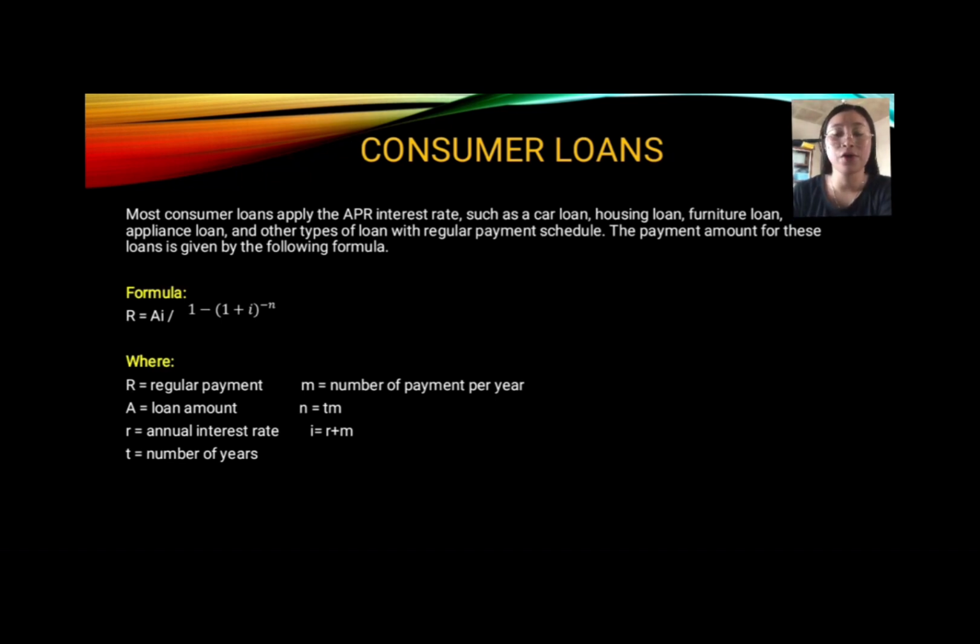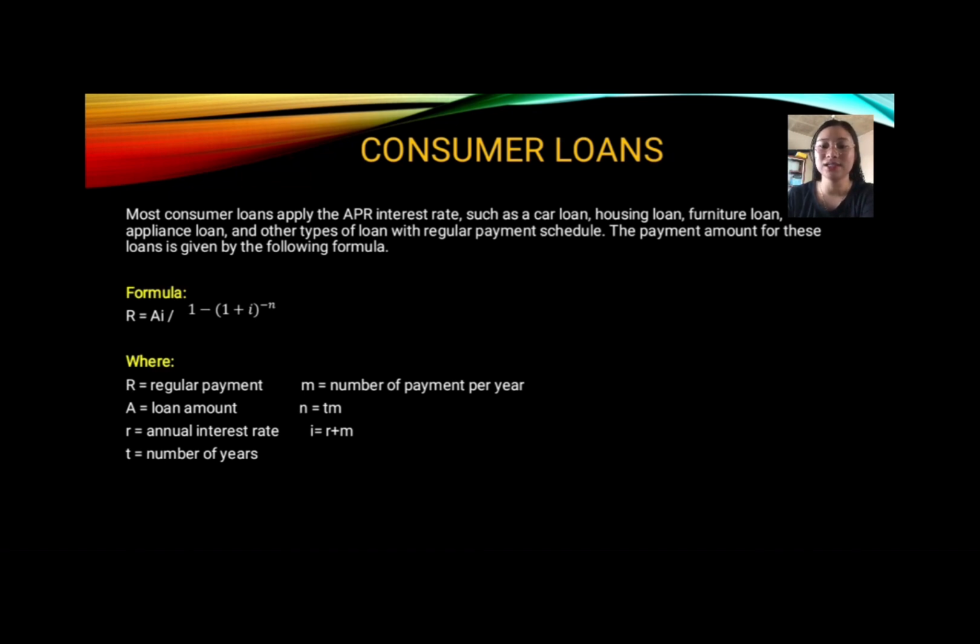R is equal to AI over 1 minus (1 plus I) raised to the power of negative n. R is the regular payment, A is the loan amount, r is the annual interest rate, t is the number of years, m is the number of payments per year, n equals tm, which is the number of years times the number of payments per year, and i is equal to r over m.